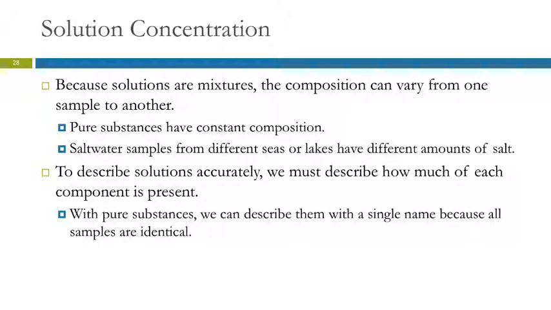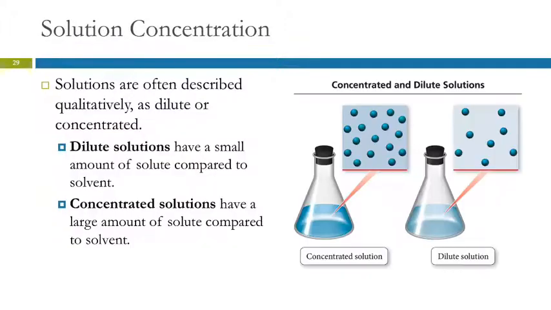So to describe solutions accurately, we need to describe how much of each component is present. A pure substance such as water or octane, we can just use a single name because it's always the same. But with a mixture, a solution, we need to describe what's in it and also the relative amounts.